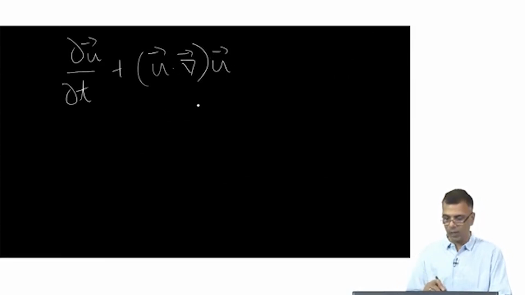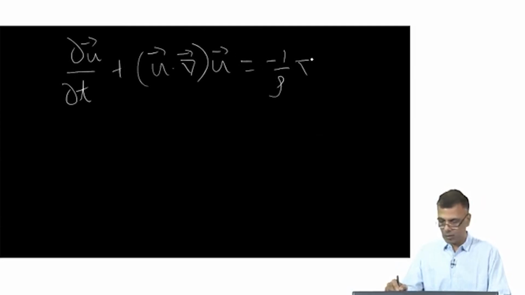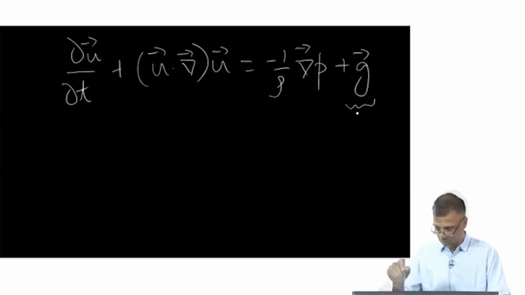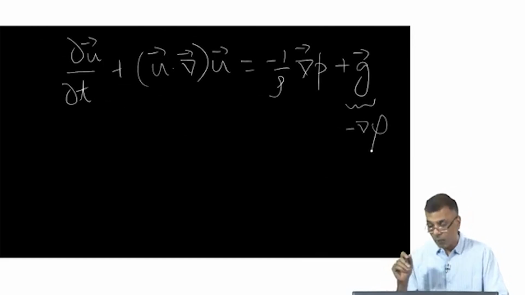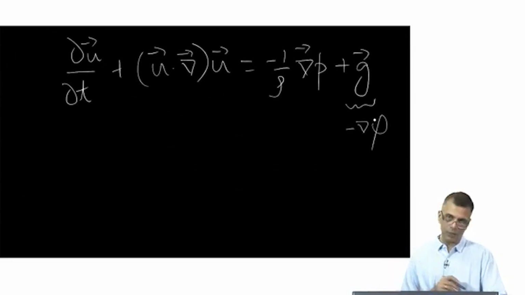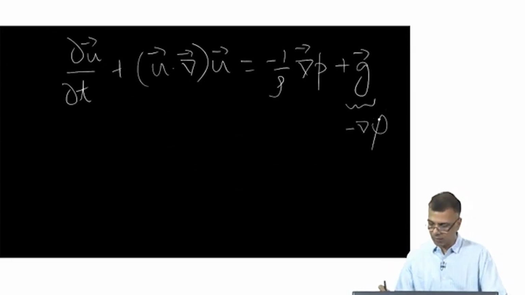So this would be ma, and the F would be the gradient of a scalar pressure plus any possible body forces, which we will assume can be written as minus gradient of phi. Mind you, this phi is different from the phi we talked about earlier. This is the gravitational potential, not the velocity potential.